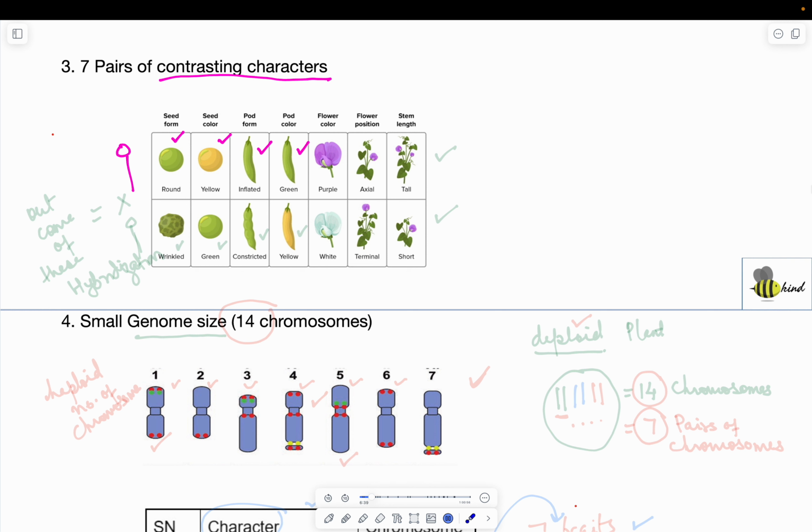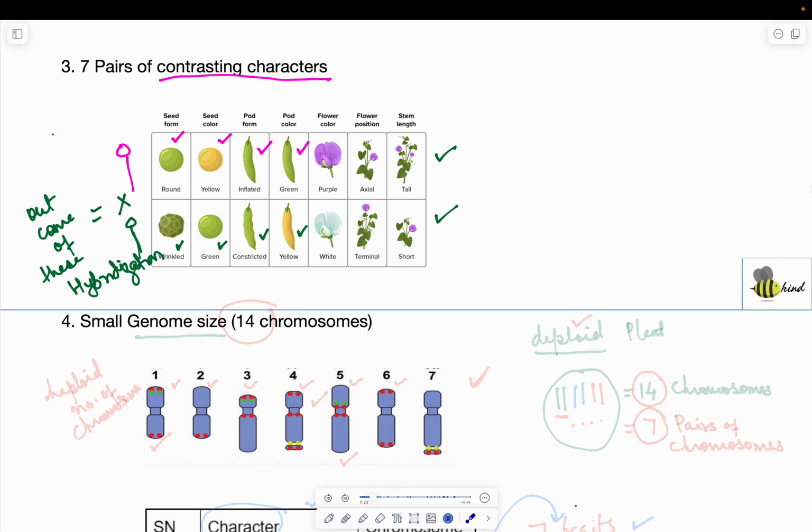In contrast, there are varieties with wrinkled seed forms, green seed colors, the pod is constricted, and the pod is yellow in color. So it was easy for Mendel to crossbreed such varieties and to see the outcome of these hybridizations, right? So pea plant has many contrasting characters to study. This is again a reason why pea plant was selected.